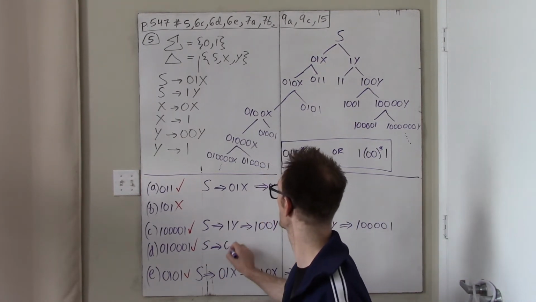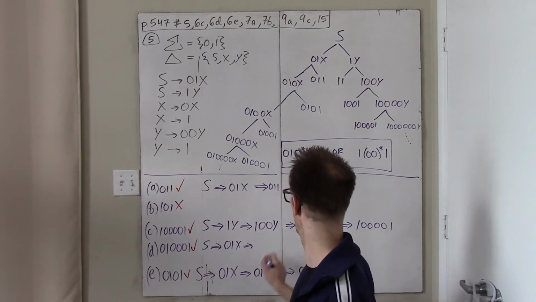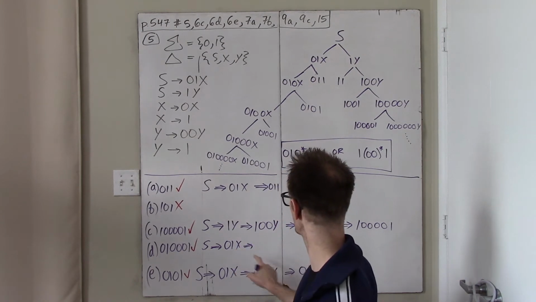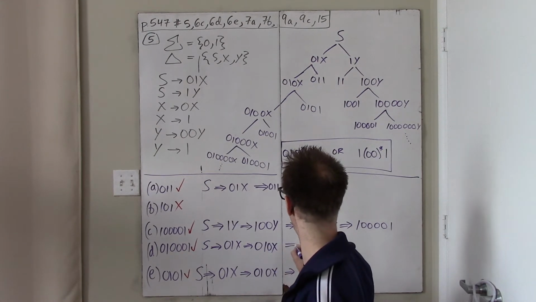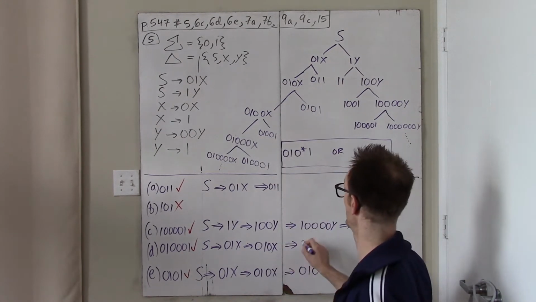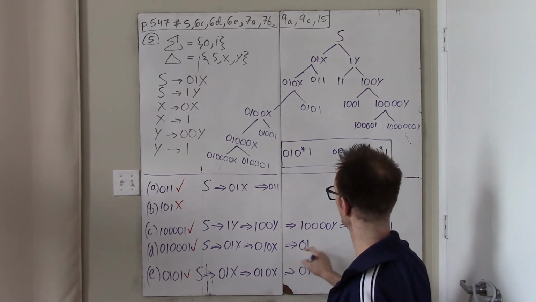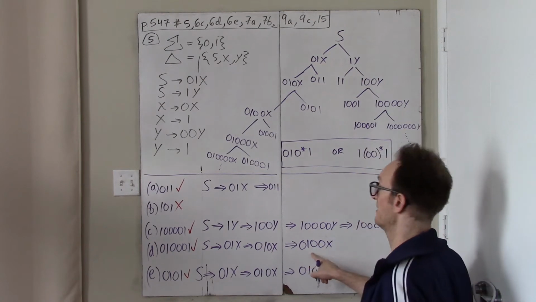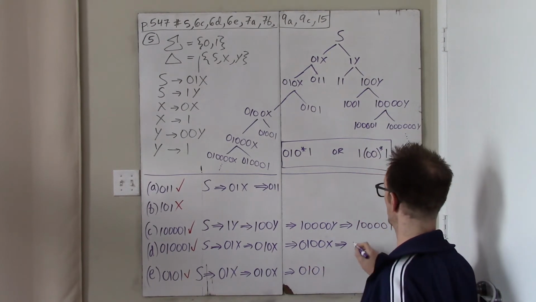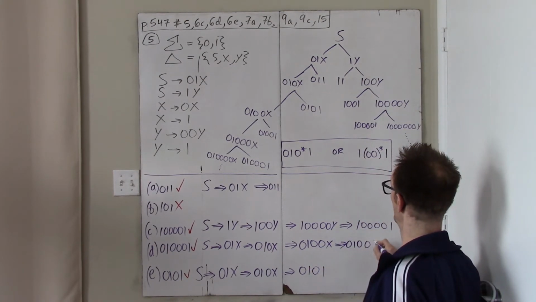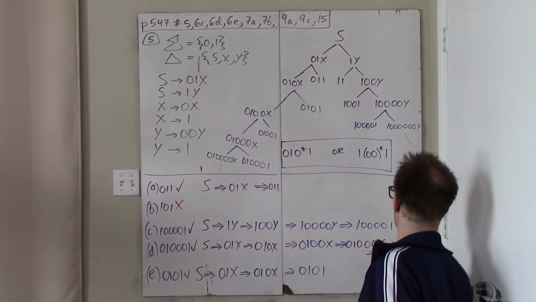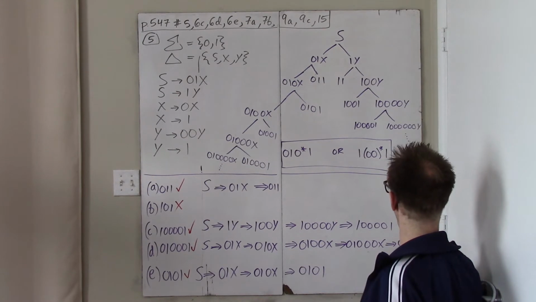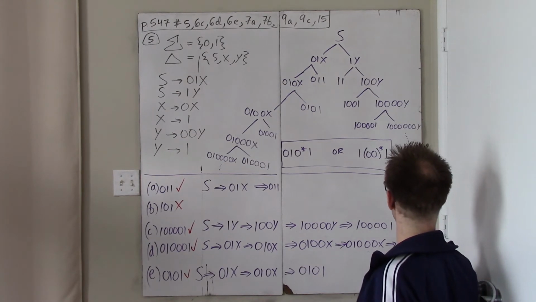S gets replaced with 0, 1, X. Here I once again replace X with 0X, but now I replace that X with 0X again. So 0, 1, 0, that X becomes 0X, and then again. And I get 0, 1, 0, 0, 0X, and finally, I get 0, 1, 0, 0, 0, 1.